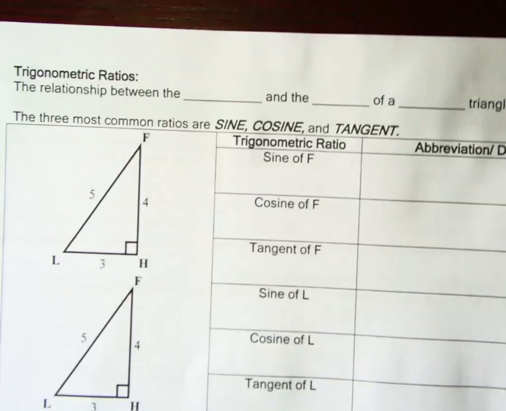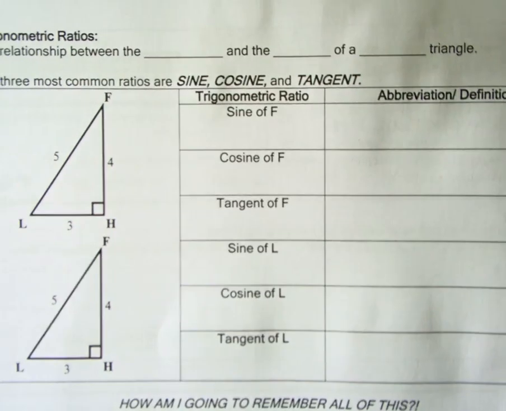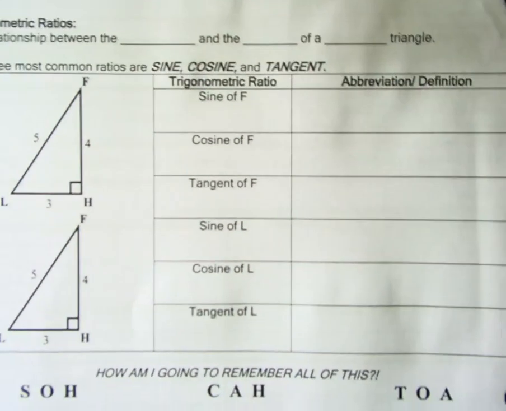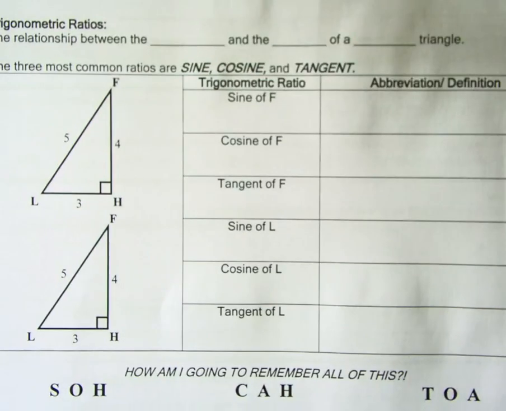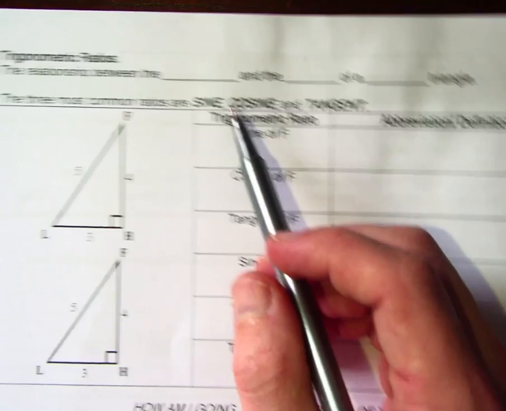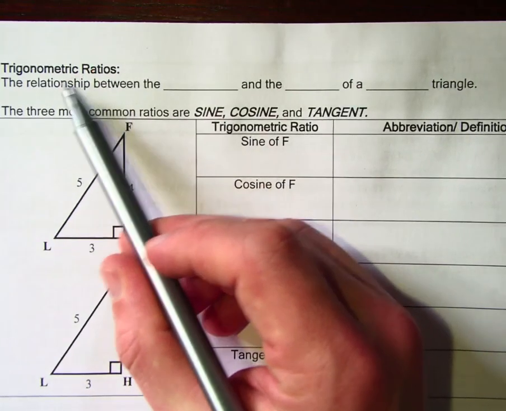So, zoom out a little bit here. And we want to figure out what's going on. Let's take a look. We have some words here we need to go over. All right, before we do that, trigonometric ratios.